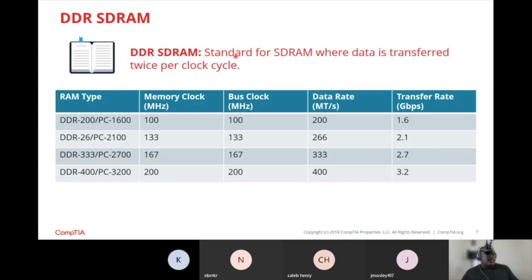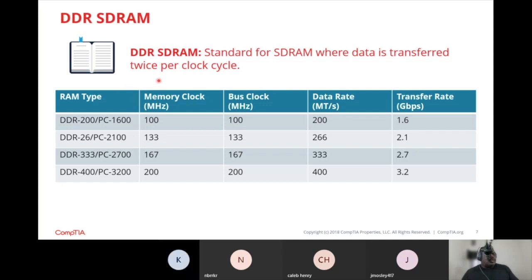DDR SDRAM, the standard for SDRAM where data is transferred twice per clock cycle. And what's a clock cycle again? One complete cycle, the time it takes for it to charge.